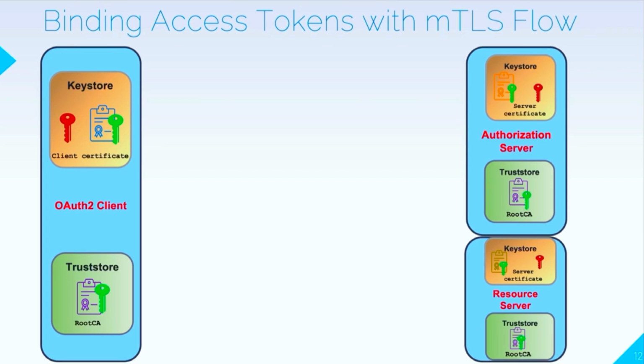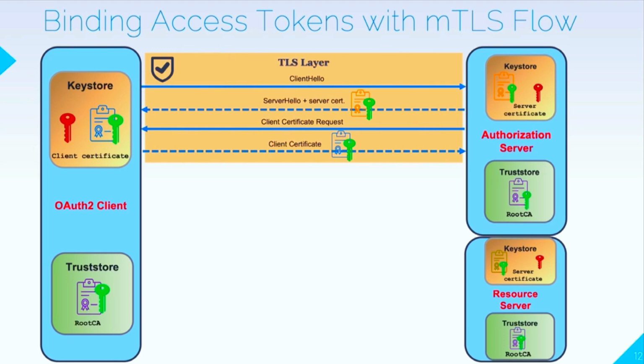To do this, the client authenticates itself using the X509 mTLS method, as discussed in the X509 mTLS lesson. This flow starts on the TLS layer, where the TLS protocol is performed. During the TLS handshake, the client and the authorization server exchange their certificates.